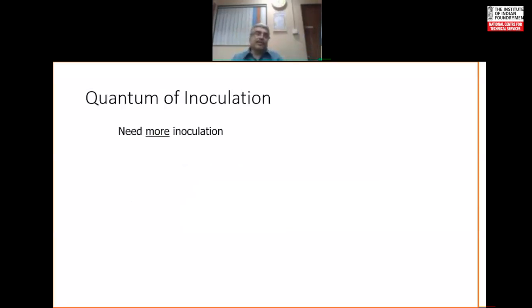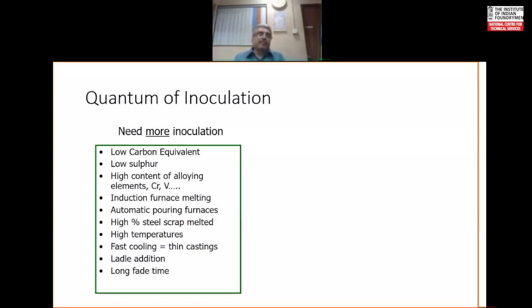Quantum of inoculation, very quickly, few points. When do we need more inoculation? We need more inoculation when carbon equivalent is low, or sulfur levels of your bath are low, or there are high levels of chromium, vanadium, carbide stabilizing elements present in the charge.